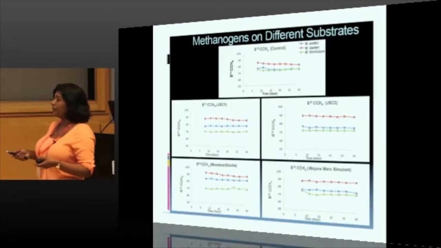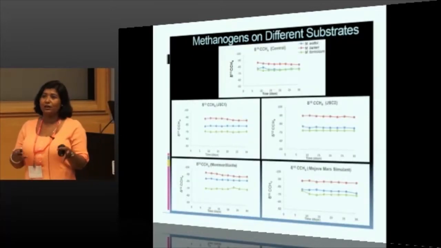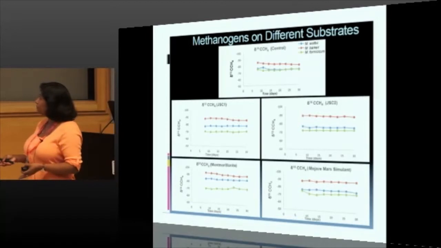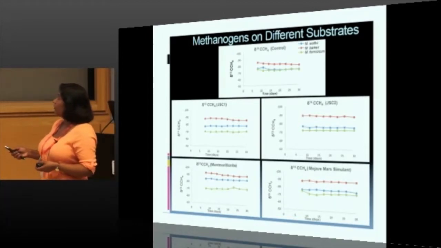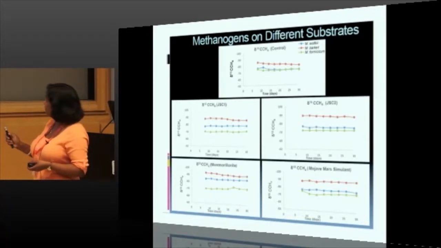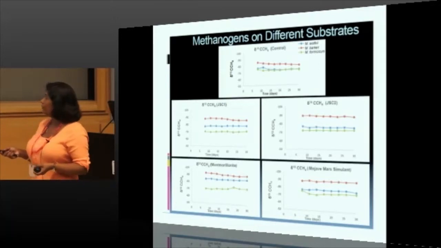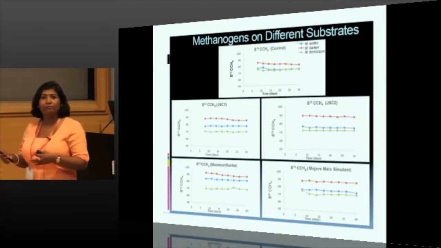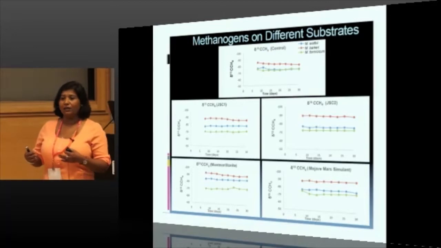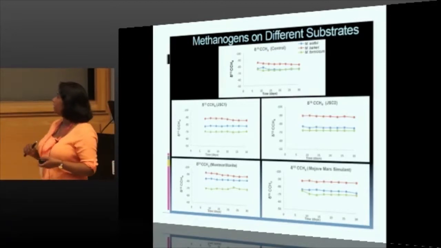Then we compared these 3 methanogens on different substrates, on different Mars analog and control. What we found is that Barkeri showed more depleted carbon-13 when they were in media or on Mars analog. And Formicicum, green lines, you see that they showed relatively more positive data when they were grown on Mars analog.